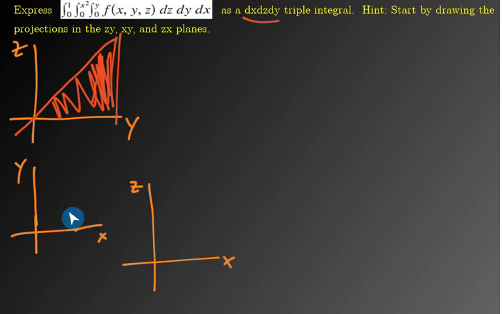In the yx one, y is running from 0 to x squared, and x runs 0 to 1. The way I think about this one is that x is running between here, and y is going between these two. x squared is positive, so it's fair to say that it's less than or equal to x, which is less than or equal to 1.